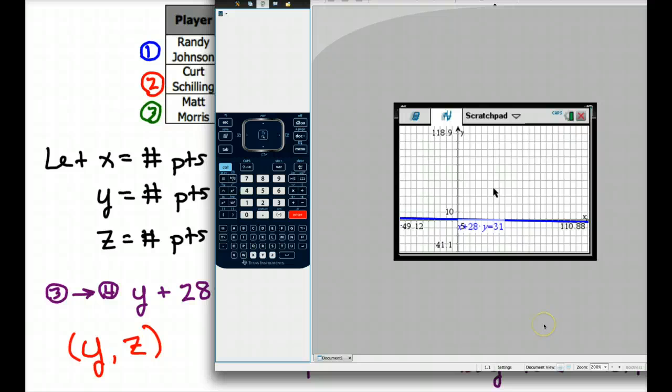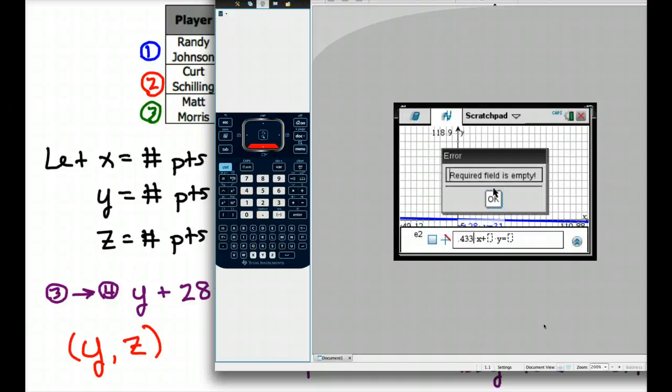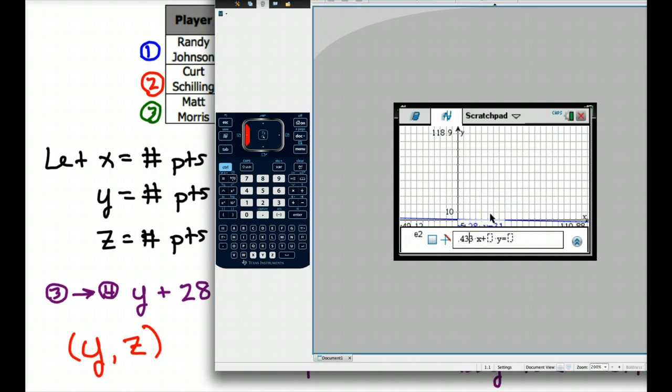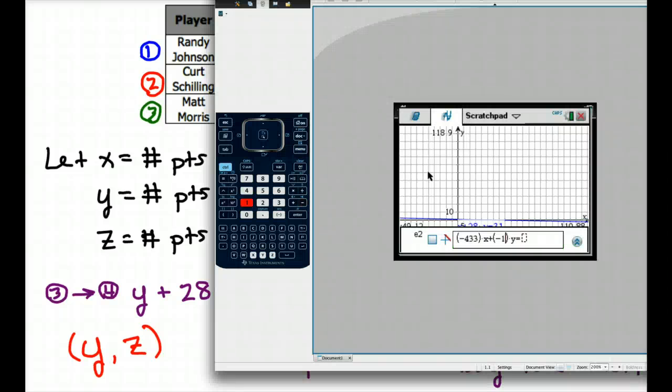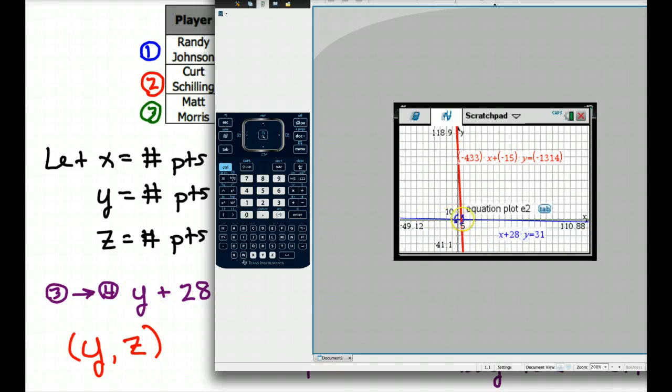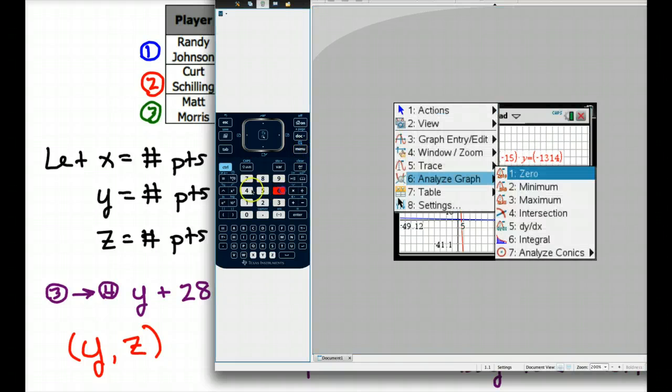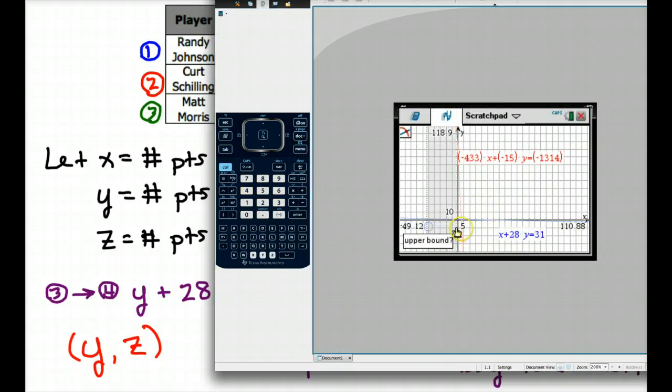So we'll do negative 433, make that a negative sign, and then we have a negative 15 and a negative 1314. Then I'll find the intersection point of those two. The intersection point is 3, 1.